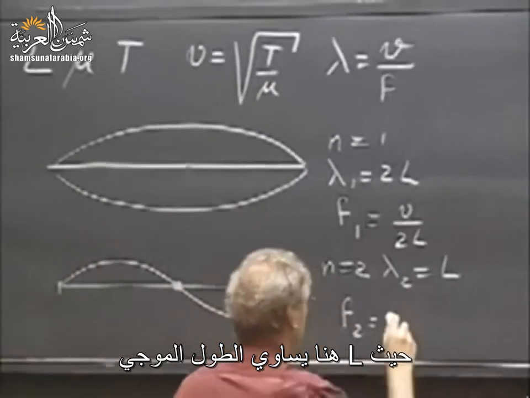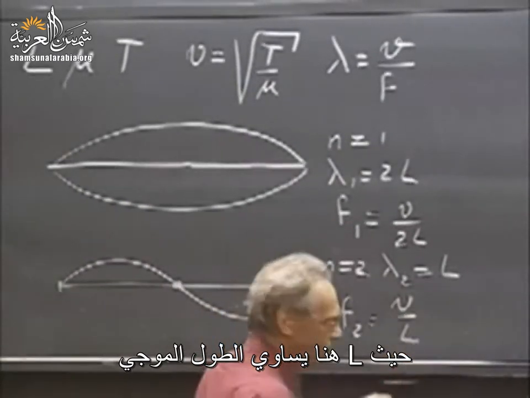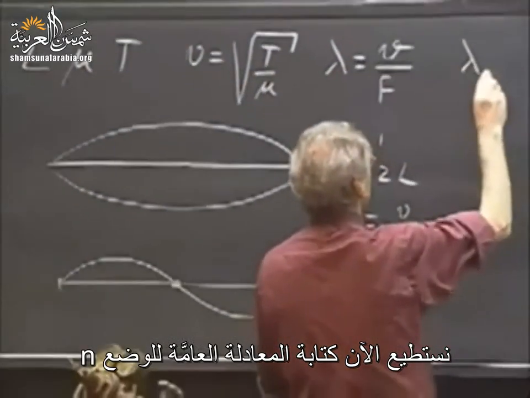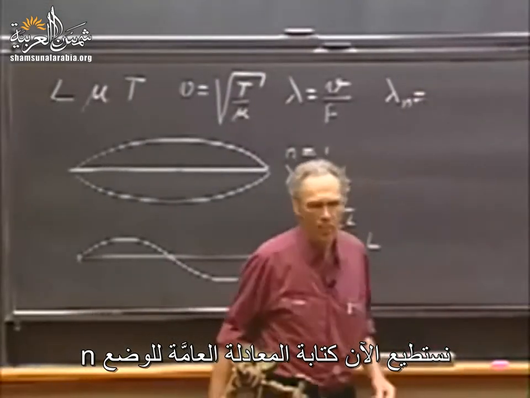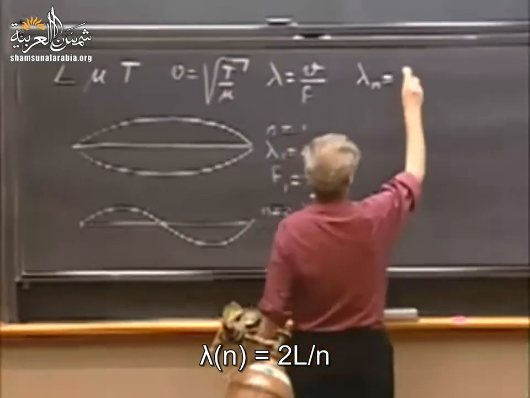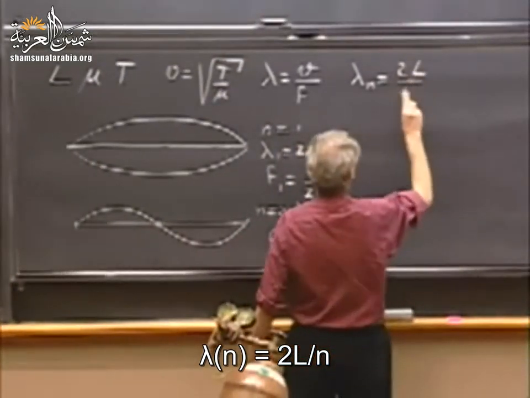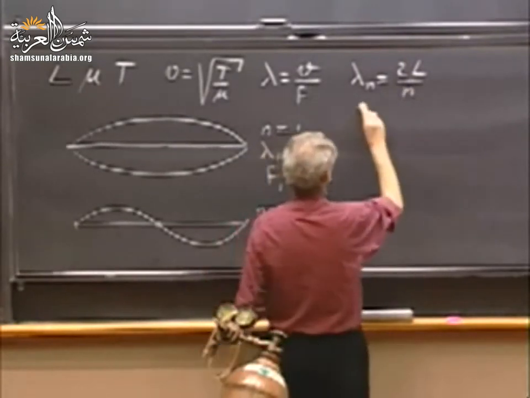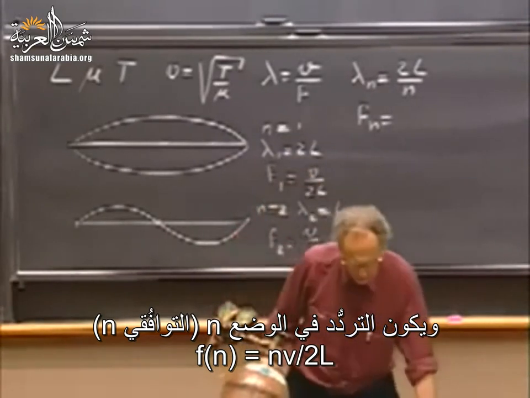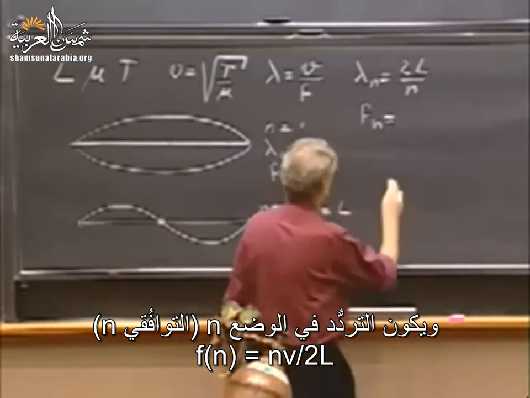So that becomes now V divided by L. And so we can write down now the general equation for the nth mode, n being Nancy. Lambda n is then 2L divided by n, and the frequency in the nth mode, that is the nth harmonic, is then nV divided by 2L.